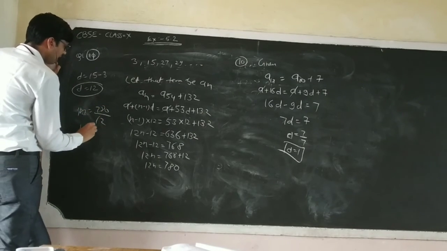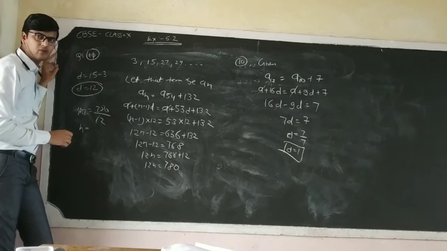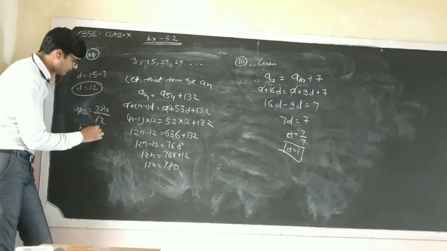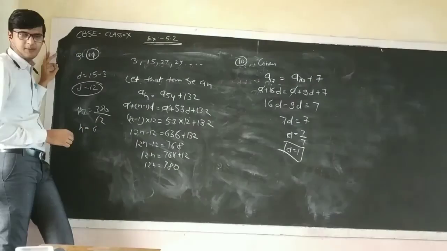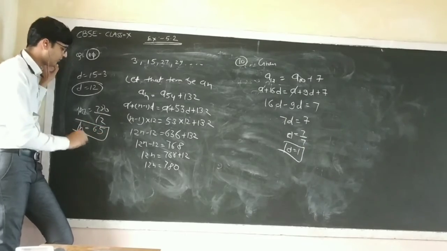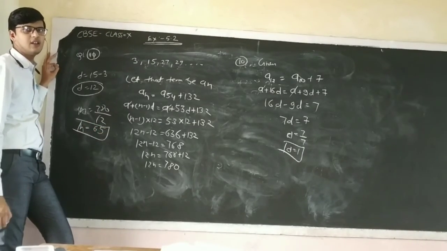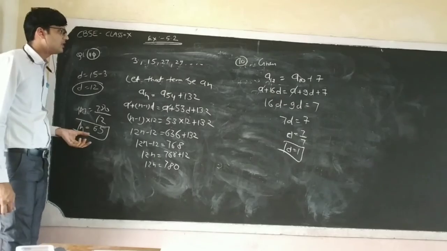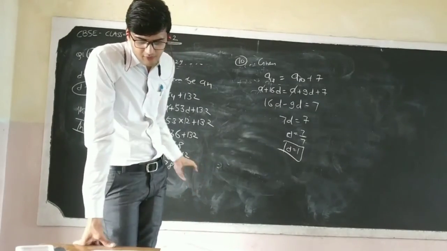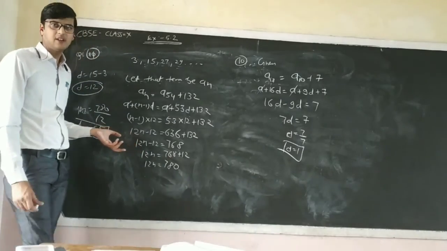So n equals 780 upon 12, which is 65. So the 65th term of the AP will be 132 more than its 54th term.